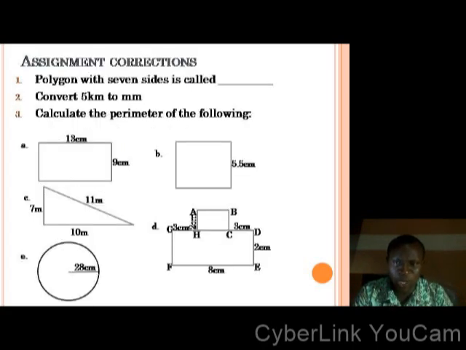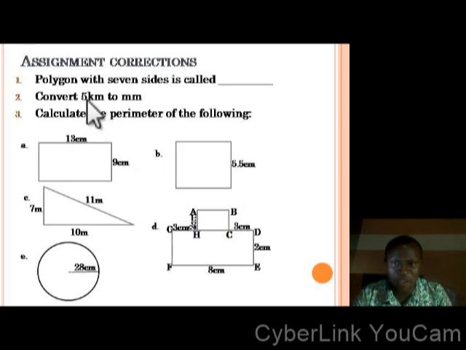Number 2. Convert 5 kilometers to millimeters. Remember, you were told during our last discussion that converting from a bigger unit to a smaller unit of length, we do multiplication.